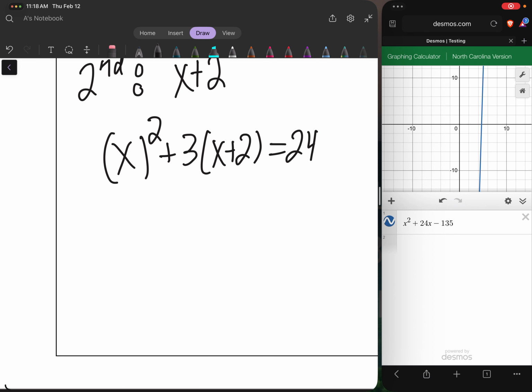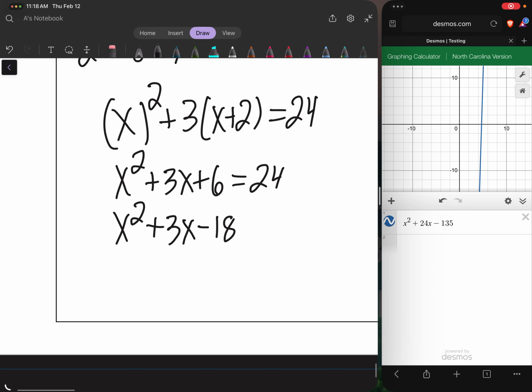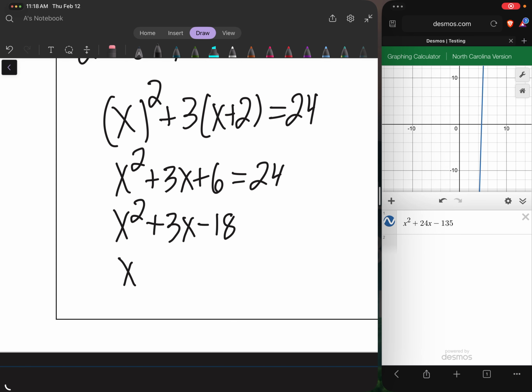This one is easier to do by factoring. X squared plus 3x, maybe not easier, but it is faster, plus 6 equals 24. Subtract 24 from both sides. Okay, factoring this, x plus 6, x minus 3.